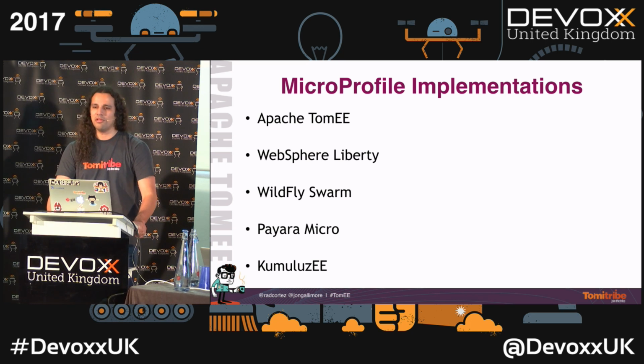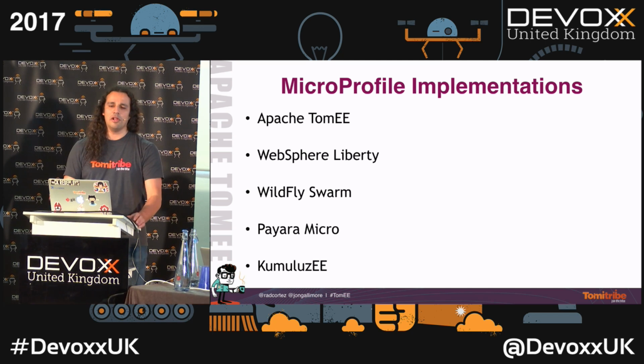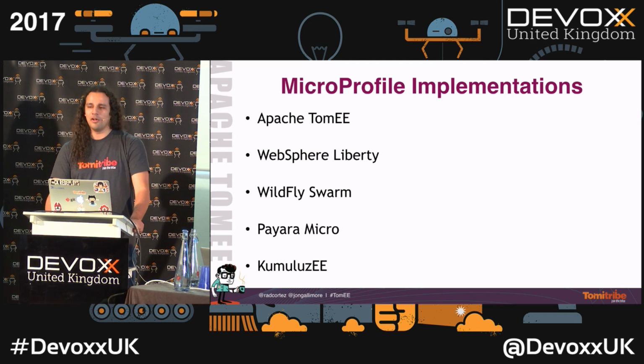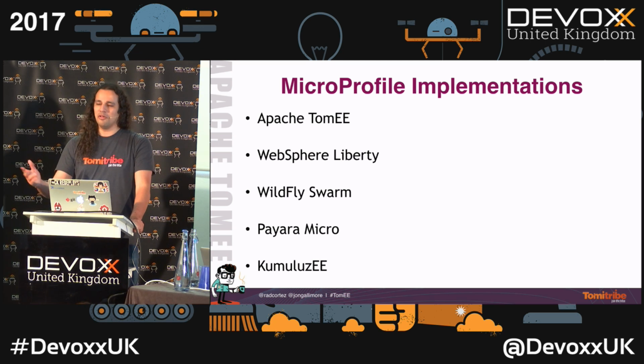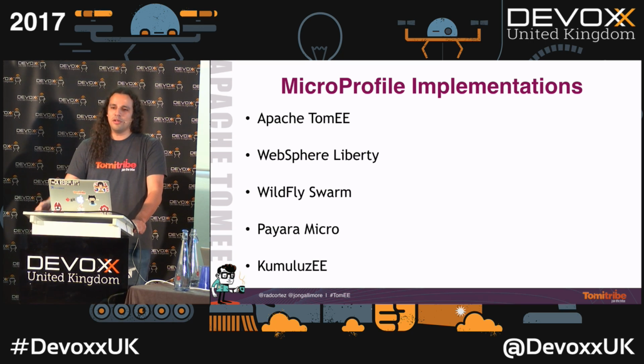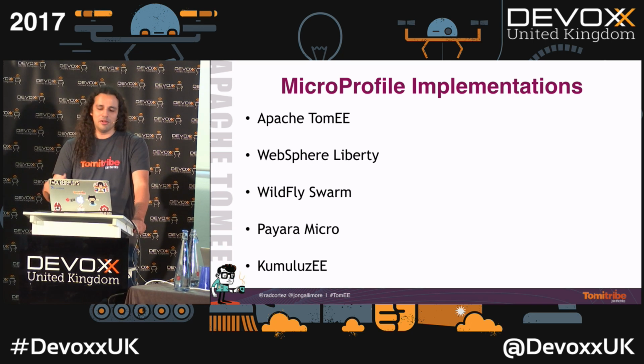If you go to the website, we have a sample application with several modules. It's very interesting because it's an application around conferences that allows you to register attendees and register sessions and stuff like that. Each part of the application is implemented in a different server. I don't remember exactly which one is mapped with whom, but let's say the agenda is built with TomEE, and the attendee registration is built with WebSphere.